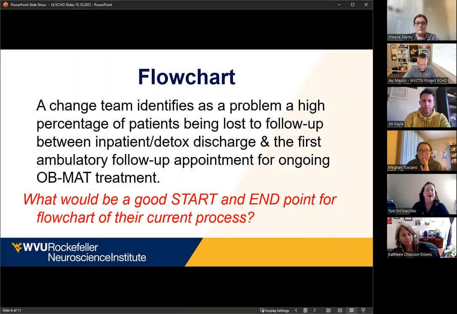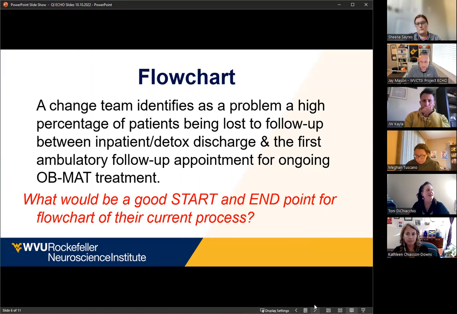Exactly. I think you definitely would want your endpoint to be at the very least at that appointment. That is logical, if they're showing up to that appointment that you want them in, but you could absolutely do it more. And while discharge from detox is a logical choice for the start, like Katie said, you might want to do it even a little bit before discharge. So you can look at how patients are prepared before discharge for their follow-up with wherever they're going to go next.